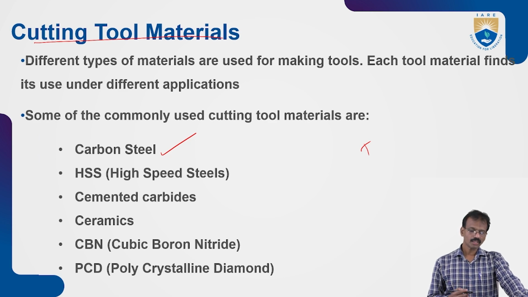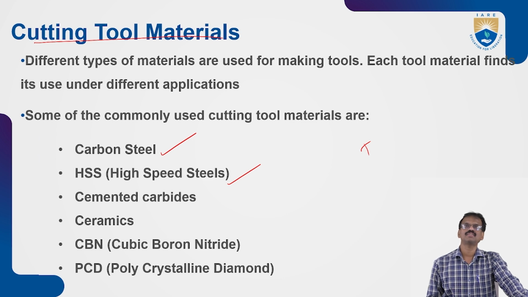To perform the machining operation on very hard materials, we can't choose carbon steel tools or high speed steel tools, because we can't perform the machining process on very hard materials with them.